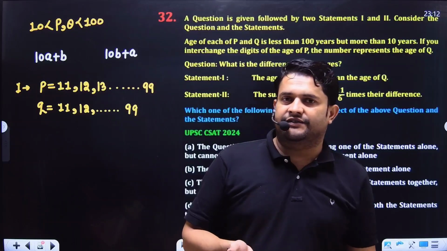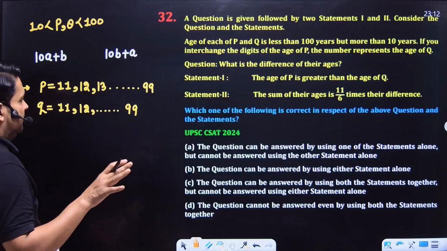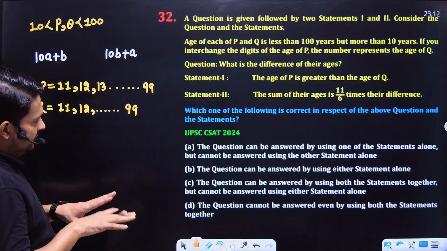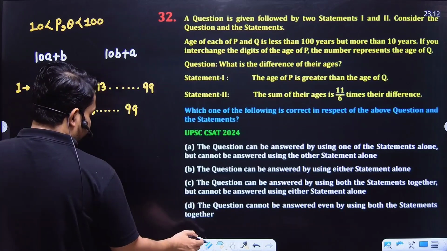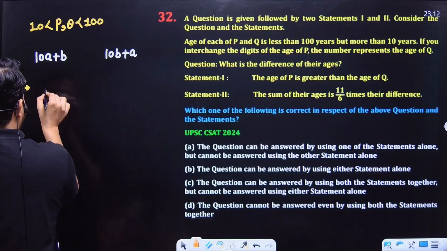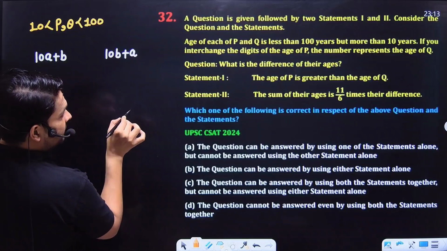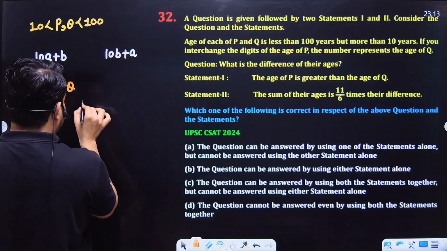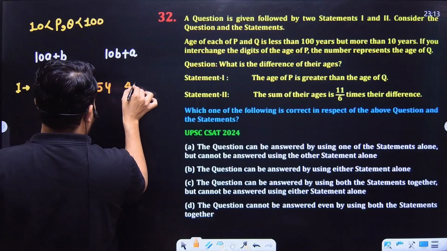If I interchange the digits of the age of P, I will get the age of Q. Here I have to take the age of P greater than the age of Q. If I take P equal to 54, then Q is equal to 45.